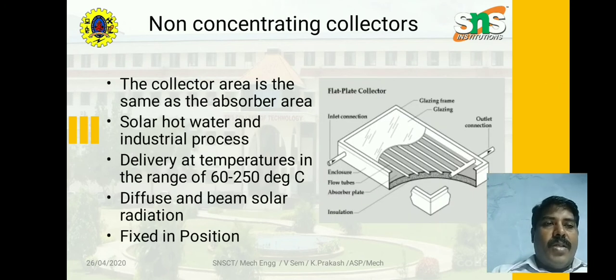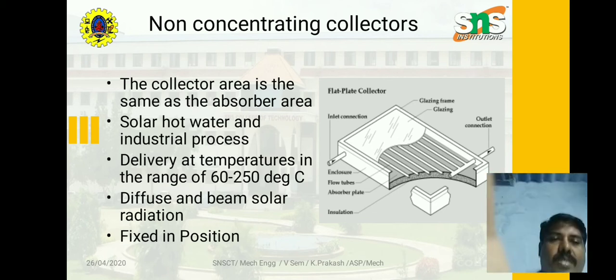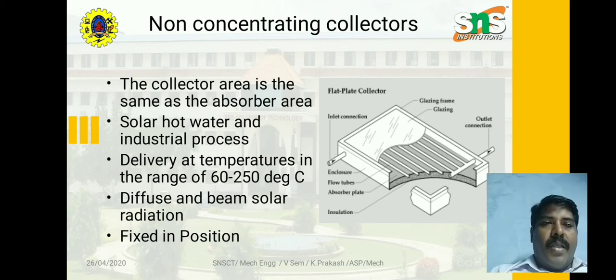To overcome this, we are going for the concentrating collectors. What is the need for the concentrating collectors? In the non-concentrating collectors, the collector area is the same as the absorber area.